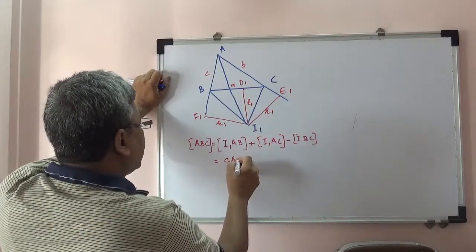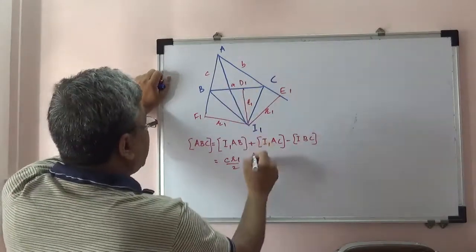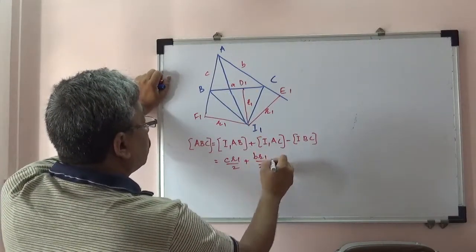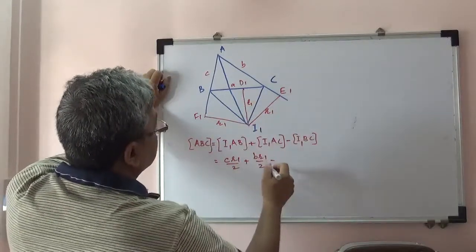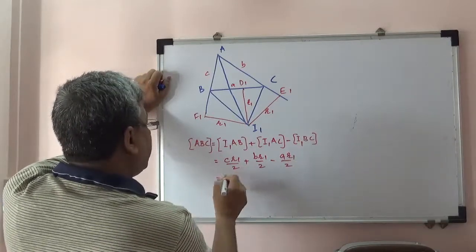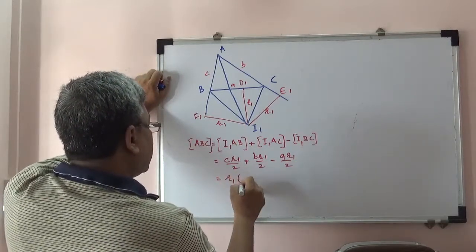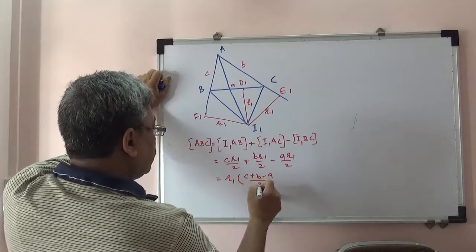So CR1 upon 2 plus I1 AC is BR1 upon 2 minus I1 BC, which is AR1 upon 2. So now we get R1 inside bracket C plus B minus A upon 2.